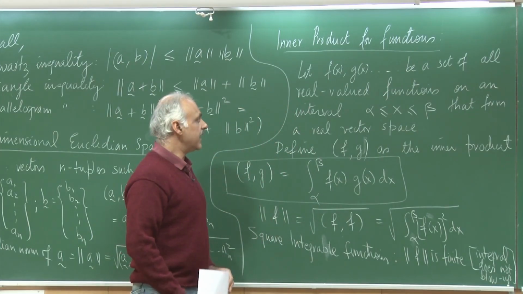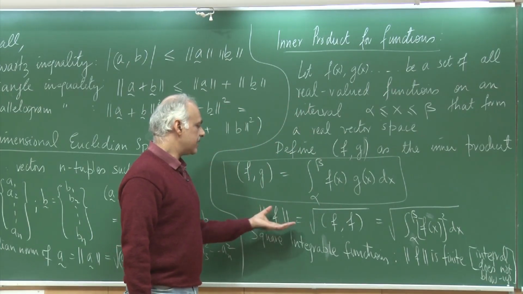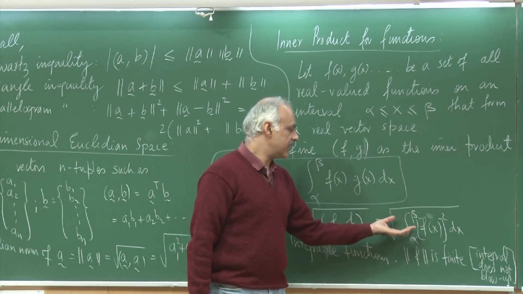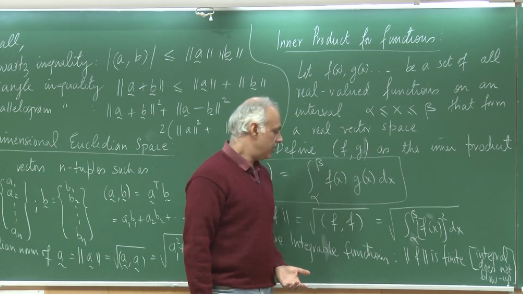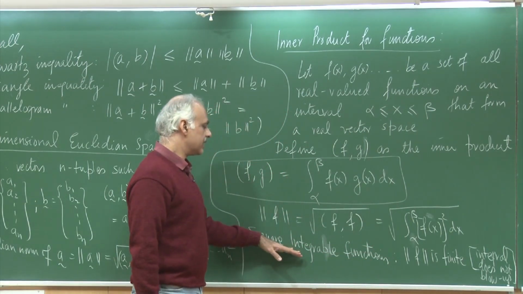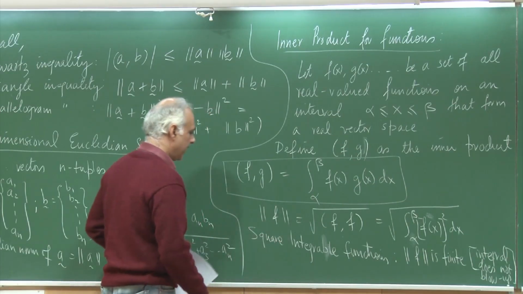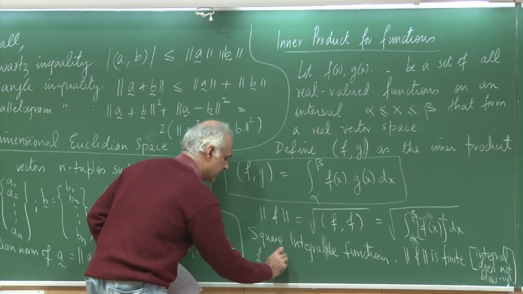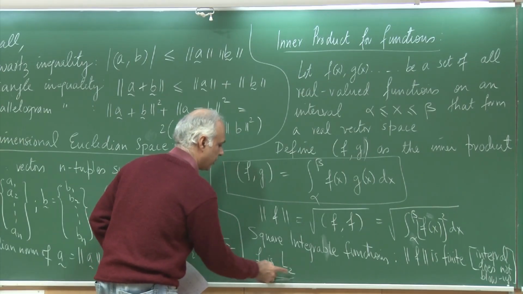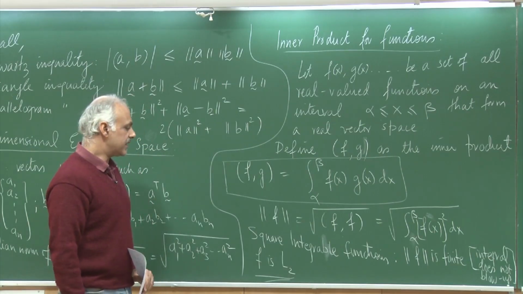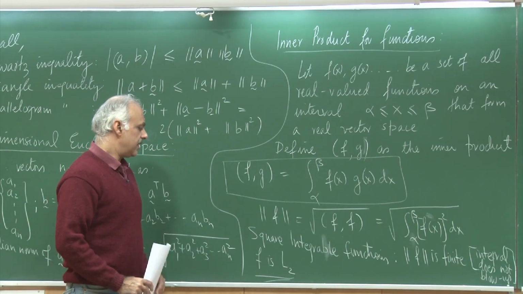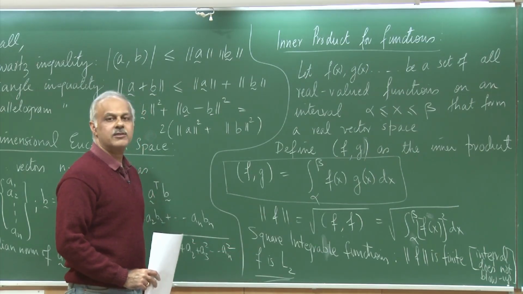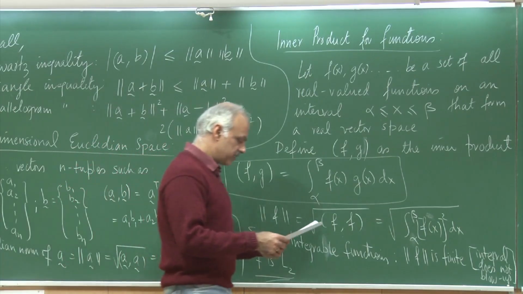So if I give you a function f for which the integral of the square of the function has a finite value, we will call it a square integrable function, and we denote it by saying that f is L2. So it is square integrable. Okay, and this we will realize later has a lot of value. So functions which are square integrable will have certain properties which we will use as we move on.